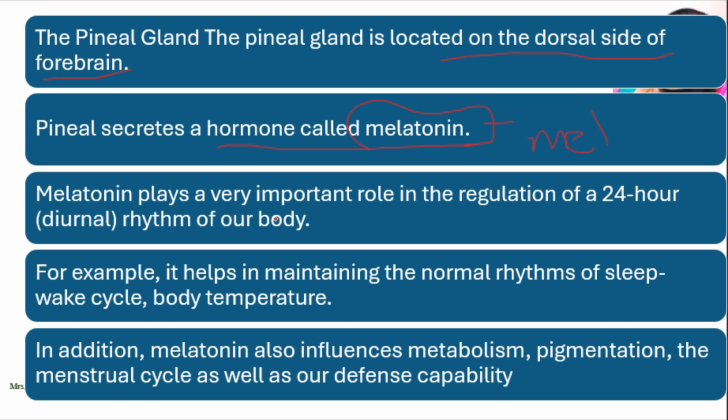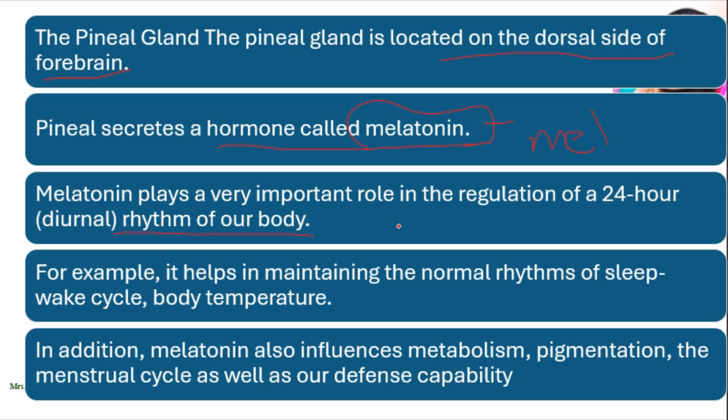Next, a very important role. The main important function of melatonin is the circadian rhythm of our body. See, in the morning we wake up, and at night we go to bed. Maybe it is 9 o'clock or 10, 11, 12. It depends upon the person and the work they do, isn't it?